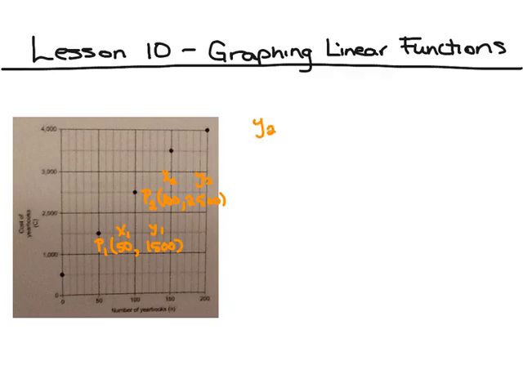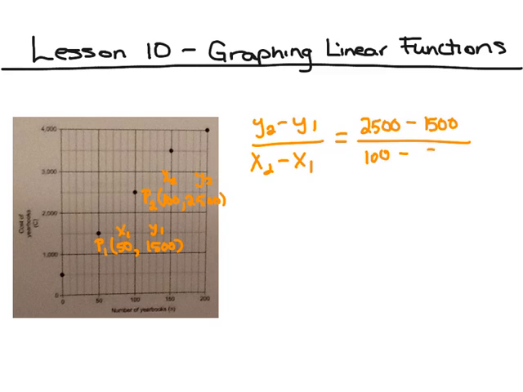So y2 minus y1 over x2 minus x1. So we have 2500 subtract 1500 over 100 subtract 50, which simplifies to be $1,000 divided by 50 books. And if you simplify that again, you should get $20 per book.